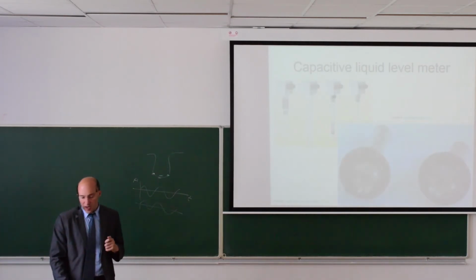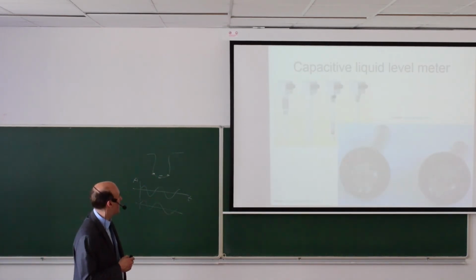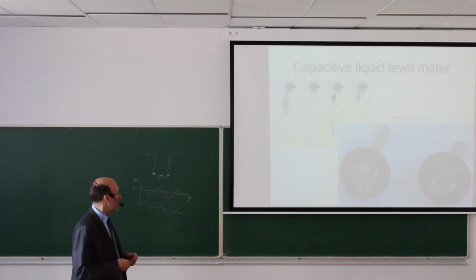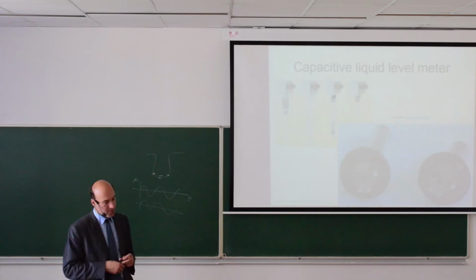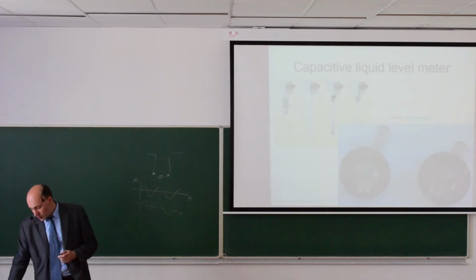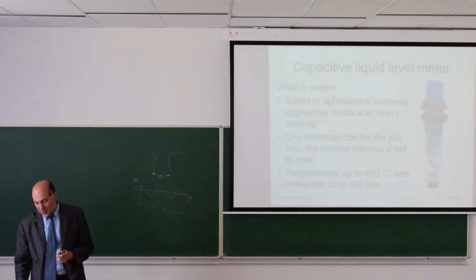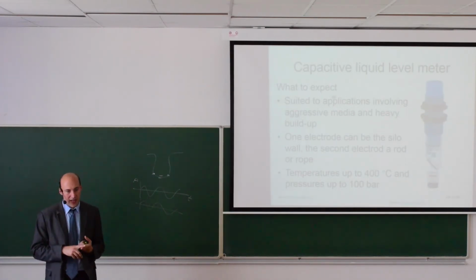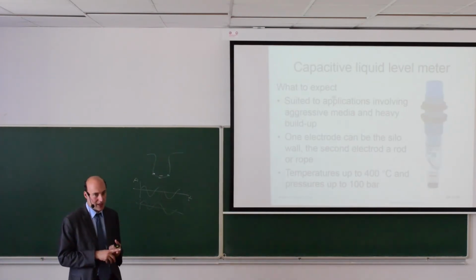Some more examples with rod electrodes. So here you see 2 electrodes, for example, submerged into the tank, and we are looking for capacity changes. So what can we expect from this? This is suitable for applications that are aggressive.